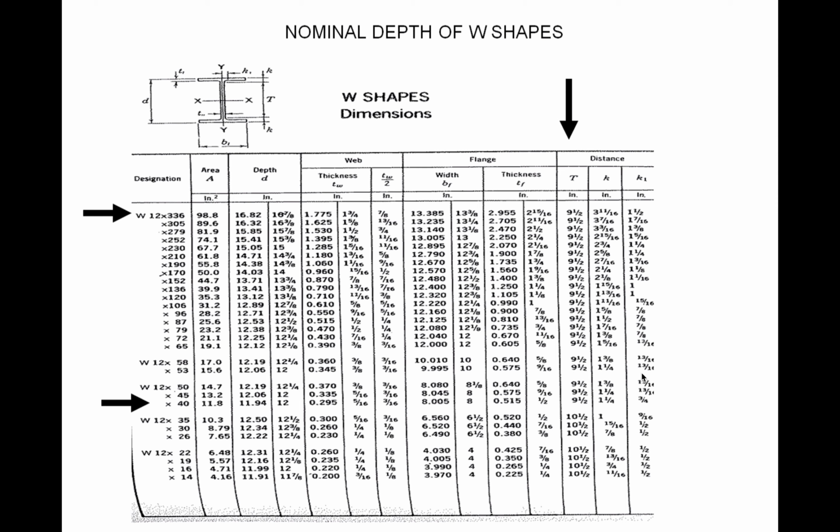The 12 gives you an indication that it's close to 12 inches. It's not always necessarily exactly 12 inches, so you have to go to the chart to get exact dimensions. More particularly for when you're designing, because if these go to a shop and they come out as a W12, you expect it to have these dimensions.